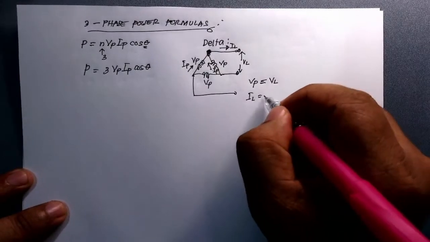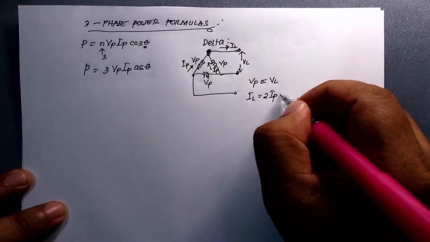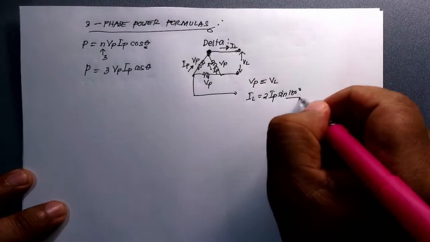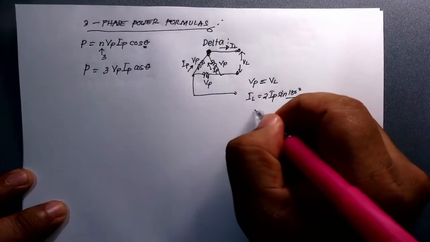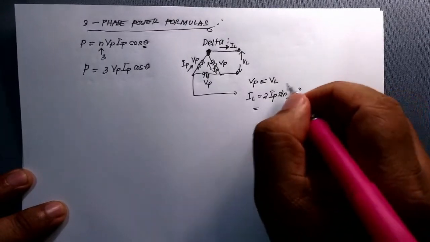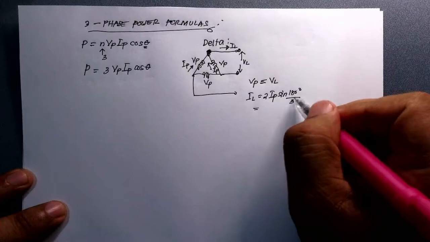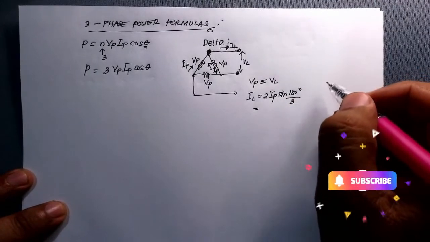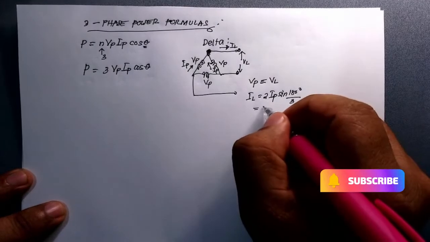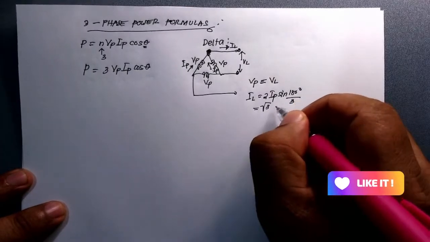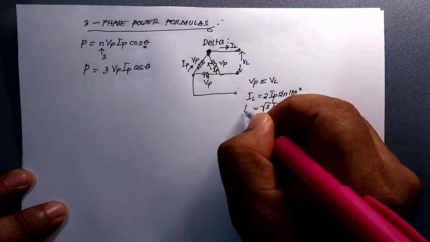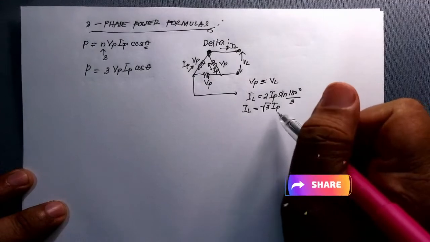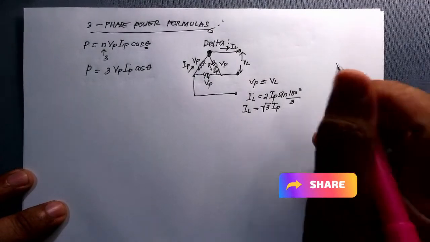So this is twice I sub P at an angle of 180 degrees divided by 3, since we are dealing with 3 phase. If you get your calculator and press the value of this, that will give you the square root of 3 times I sub P. So therefore, the line current in your delta connection is equal to the square root of 3 times the phase current. That's for delta.